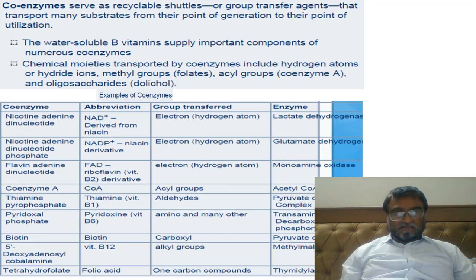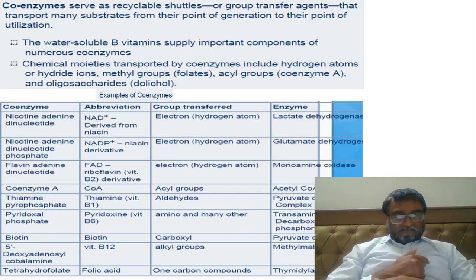Flavin adenine dinucleotide is associated with monoamine oxidase. Coenzyme A is associated with acetyl-CoA carboxylase. TPP, thiamine pyrophosphate, is a derivative of thiamine, vitamin B1, and is associated with the pyruvate dehydrogenase complex, which is part of glycolysis.